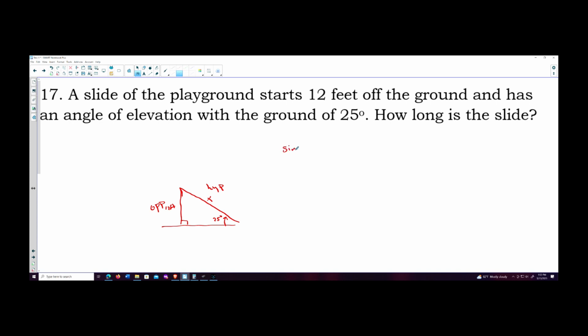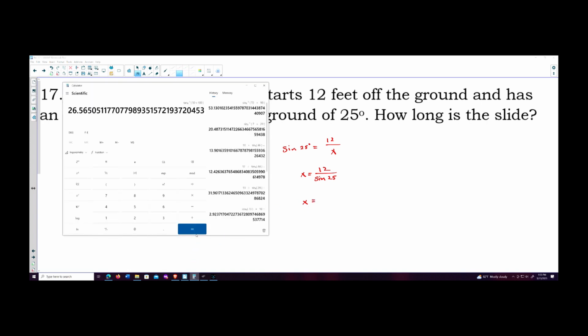So the sine of 25 equals 12 over x. And we've already solved some of these at the beginning. Just switch sides. So x is equal to 12 divided by sine of 25. Again, put it in the calculator. And you have to round to the nearest tenth because we're talking distance.